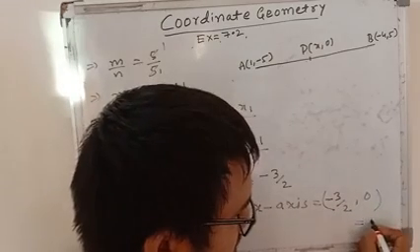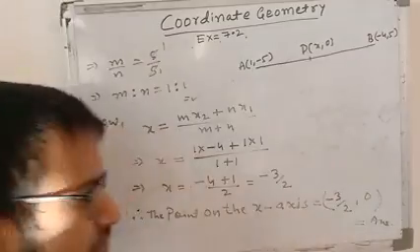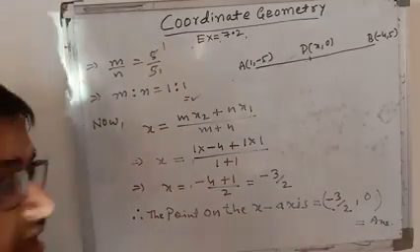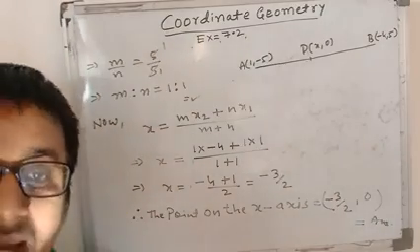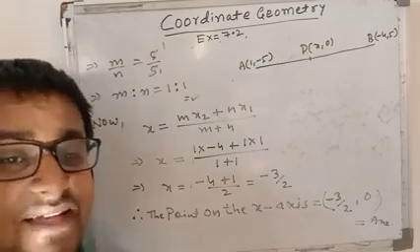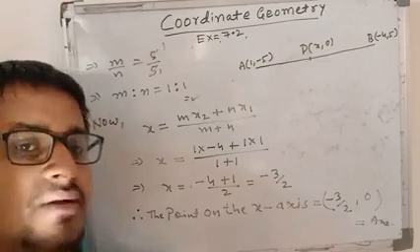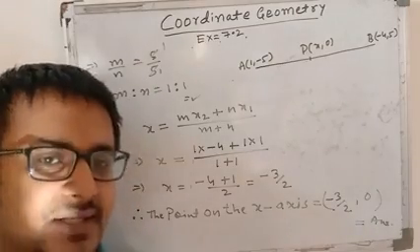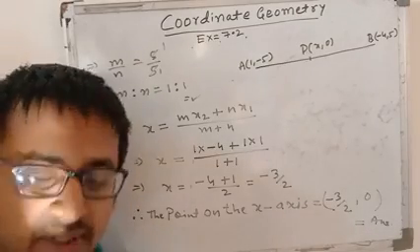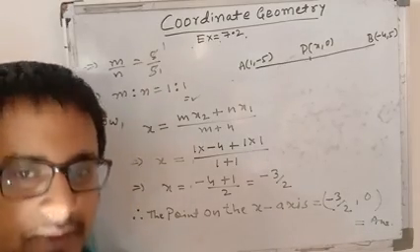This is your answer. In this way you have to solve this question, and this question is very important. Again I am repeating: the point on the x-axis is (x, 0), and the point on the y-axis is (0, y). This is a very important point. Okay, thank you very much.